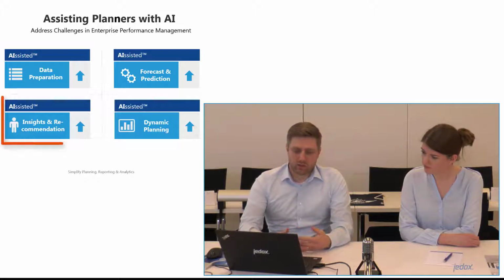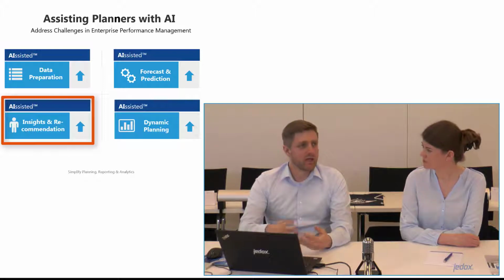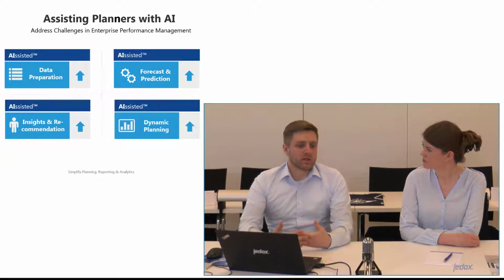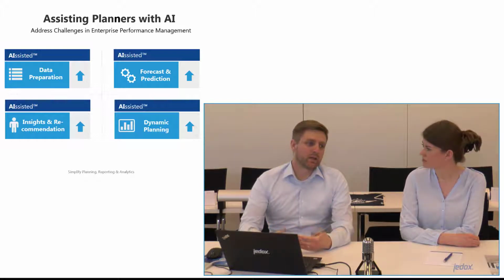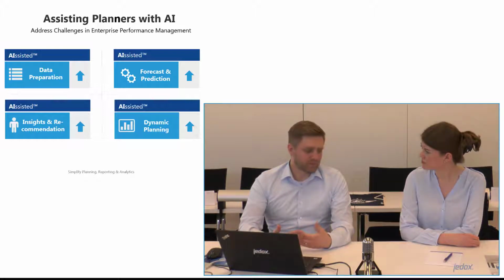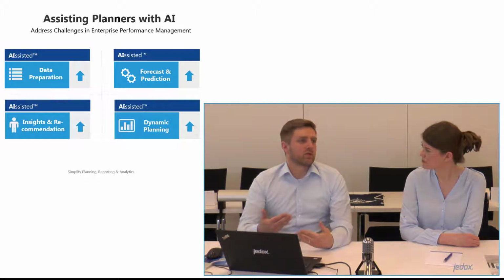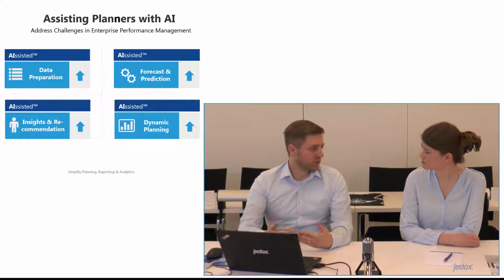Then the third core component is assisted insights and recommendation. Here we are doing things like classification and scoring of products and customers. Every customer, for example, is given a feature set, like how much he pays each month, or how many units of a certain product he is buying, and so on.